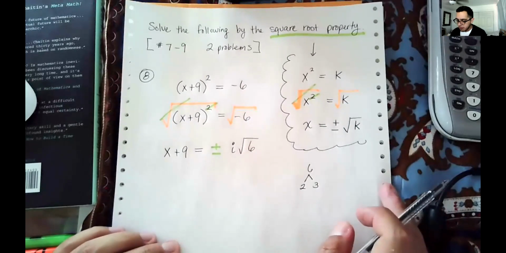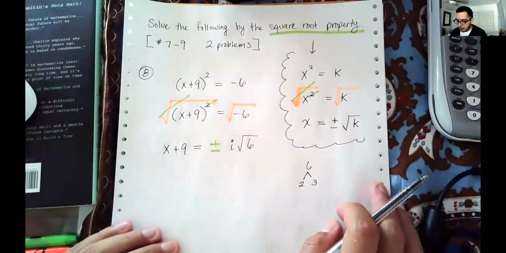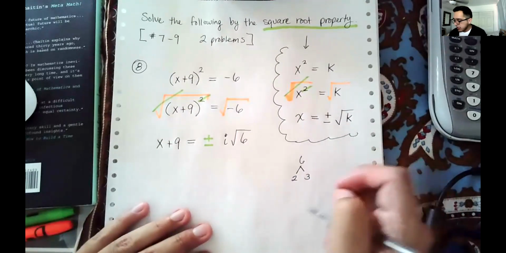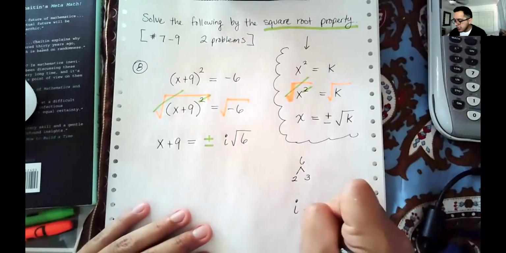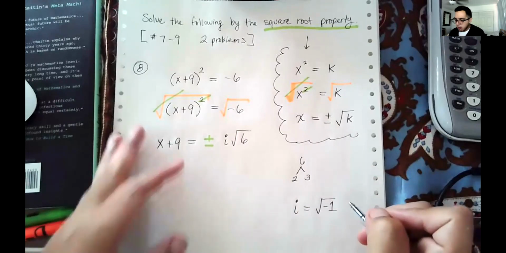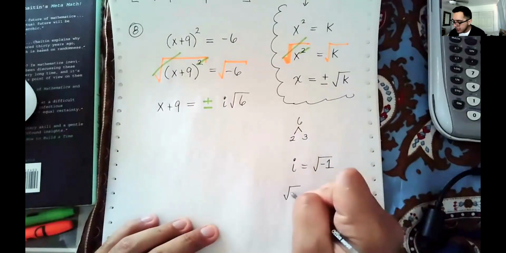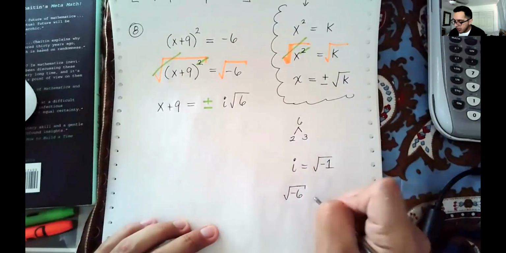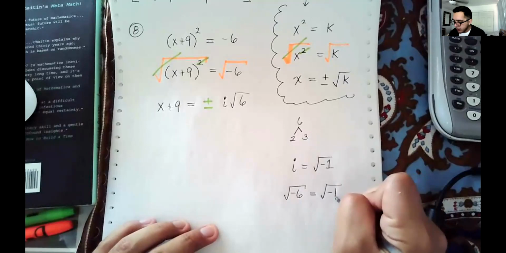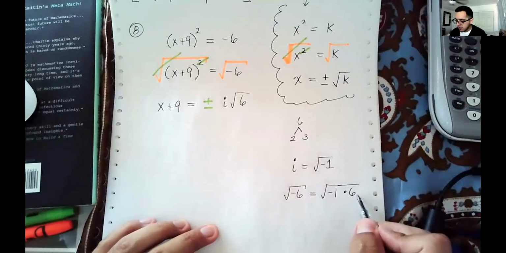So once we use the i in front, we have to worry about the negative inside the square root. Right. And that's because, remember, i is equal to the square root of -1. So what we've done essentially is we said, if we had -6 inside the square root, I could rewrite that as the square root of -1 times the square root of 6.